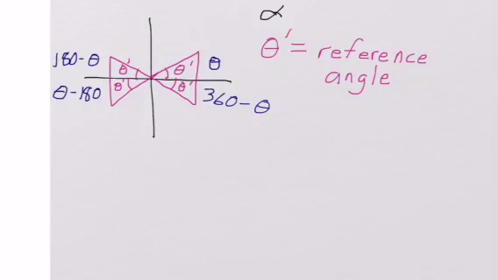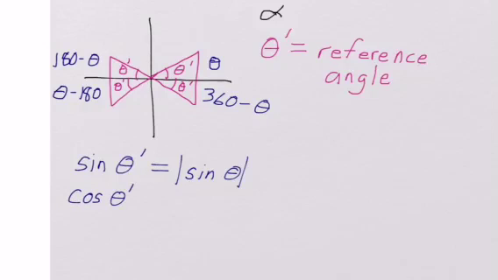Now the nice thing that we have with reference angles is that it is always true that the sine of theta prime is equal to the absolute value of the sine of theta. And that's true for any angle. It also turns out this is true for any of the trig functions, so I'll put it down explicitly for cosine.